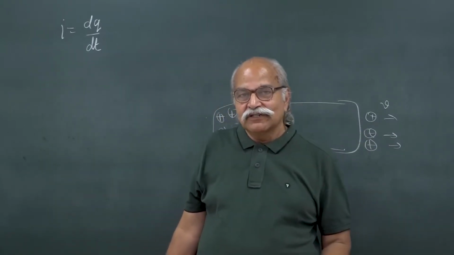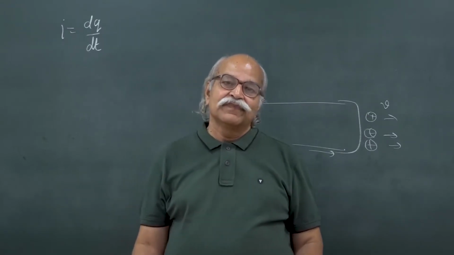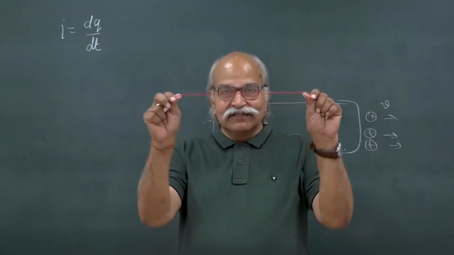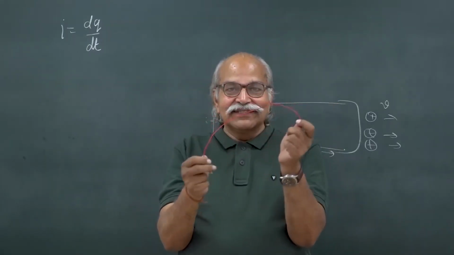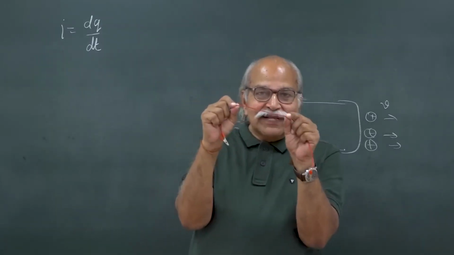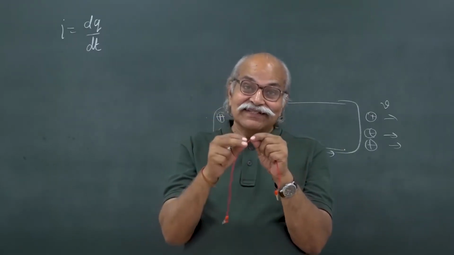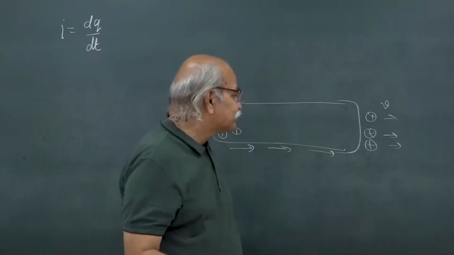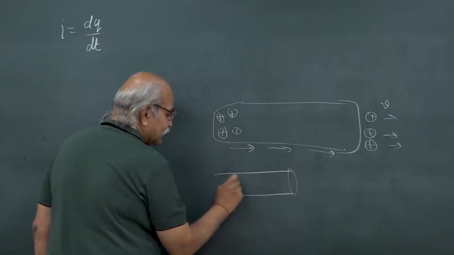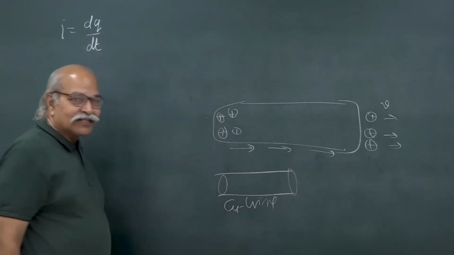But generally the currents that we will be talking about or have in mind are currents on some material. For example, if I use this wire to make a circuit, and then the current is going, then what is happening? Inside this red plastic, you have a copper wire, and that copper wire is the material. Let us say this is a piece of metallic copper wire.